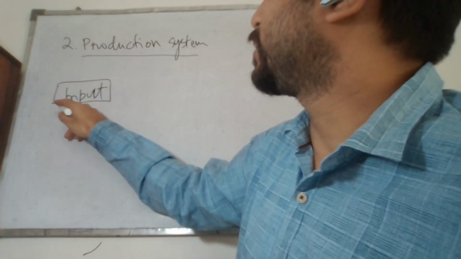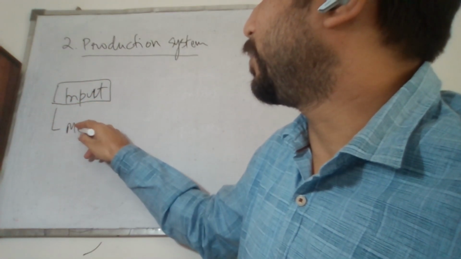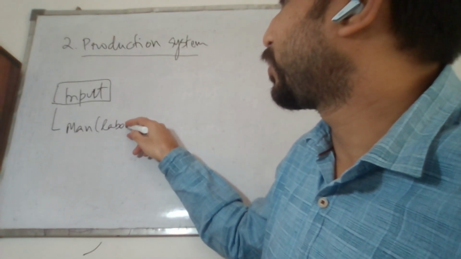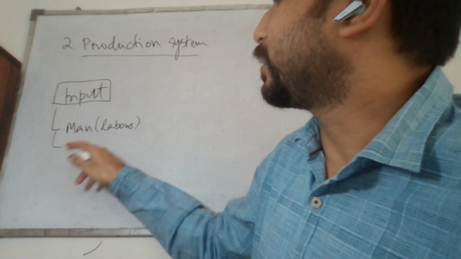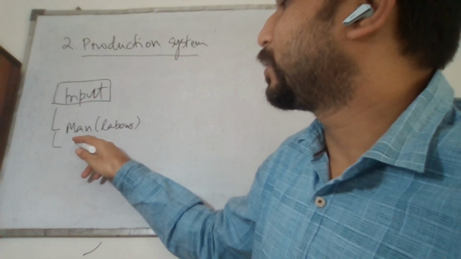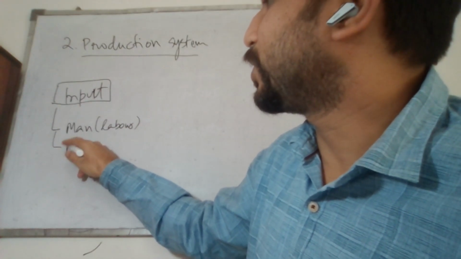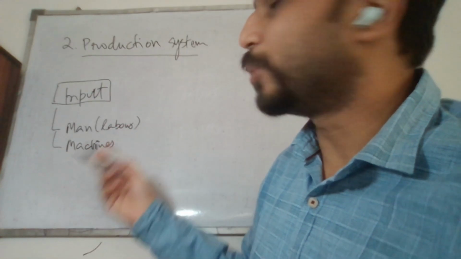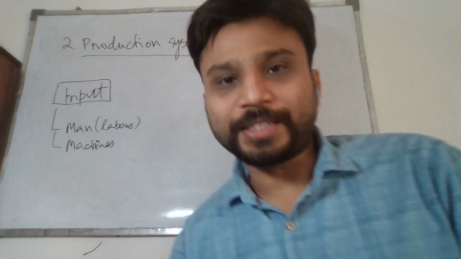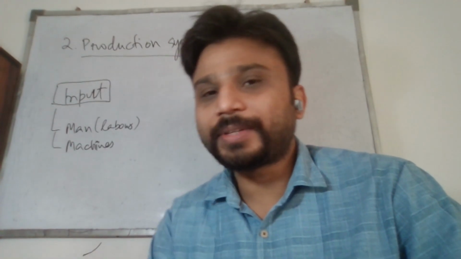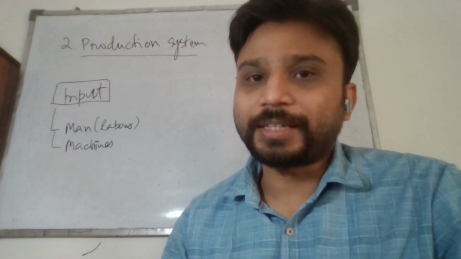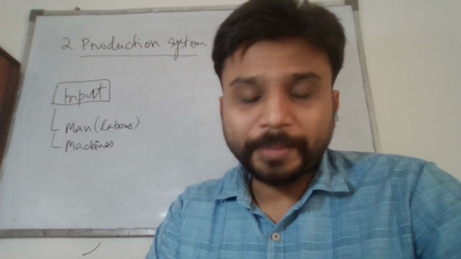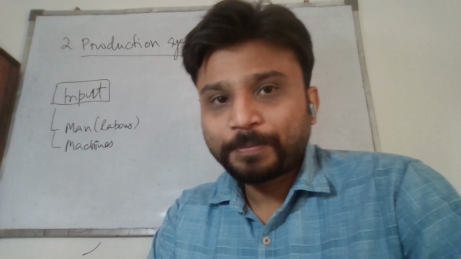Those inputs are mainly the man required, that is the labor. Then we have machines required in our whole production process. So let us take an example to make it interesting, otherwise it's just a simple, boring thing. Let us take the example of a brake pad which we are going to produce.